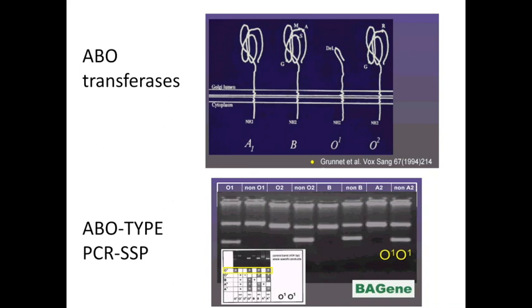So if there is no other allele, the genotype is concluded to be A1. But as we have shown on the previous slide, in the ABO database there are more than 300 different alleles. So you see that this routine technique is limited only to basic alleles.